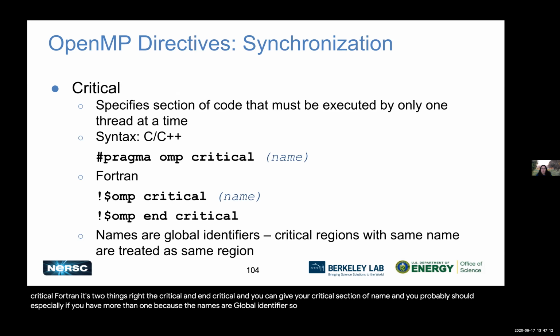So any critical region that has the same name is considered the same critical region. So if they have no name, then they're all the same critical region. So if you had 2 threads that are going through 2 completely different critical regions, they would still both have to stop, and only one at a time would be able to run.